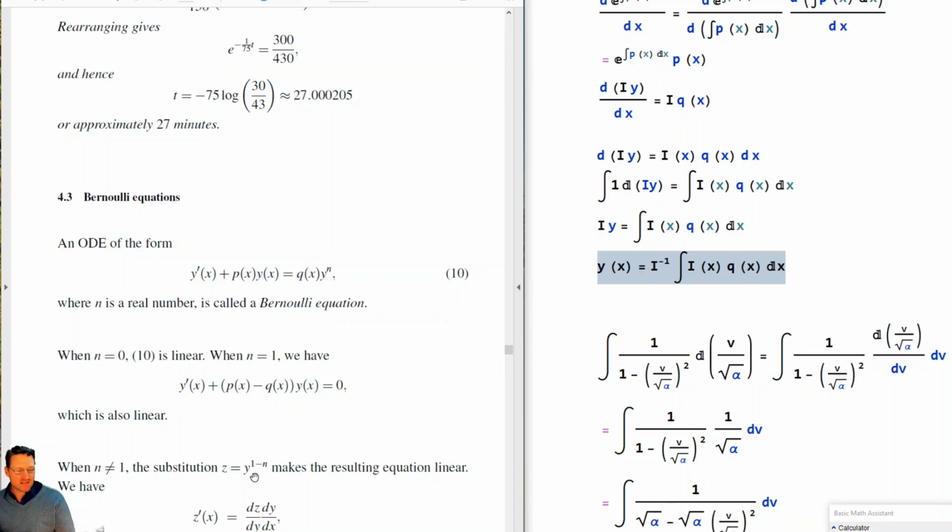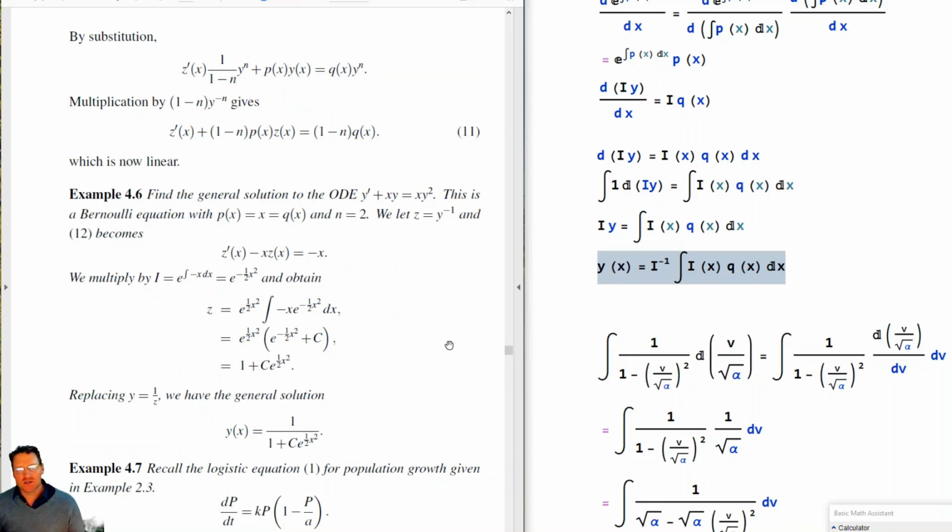And so when we set out the substitution, z is equal to y to the power of 1 minus n, the derivative of that, being dz on dy, is 1 minus n times y to the power of minus n, and then we can express dy on dx as y dash. Okay, so we're going to use this to simplify equation 10 there to show that it's a linear equation.